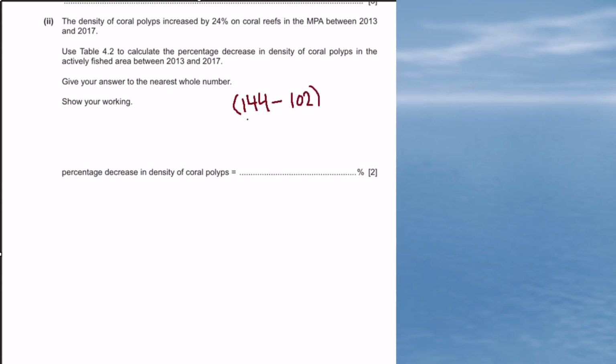But if we want to calculate percentage decrease, then I have to divide by the number I start with, 144. Then I have a decimal, but I want a percentage, so I multiply by 100, which gives me a percentage of 29. Again, remember the calculation, because as they ask here, show your working.